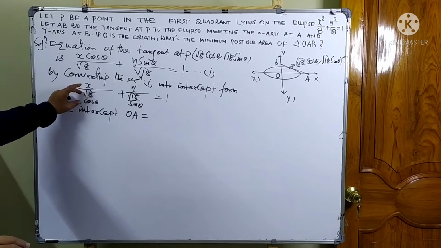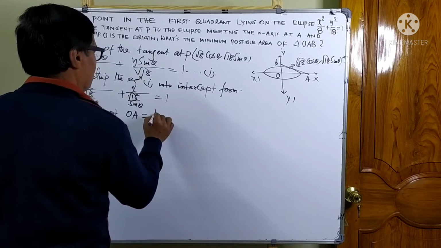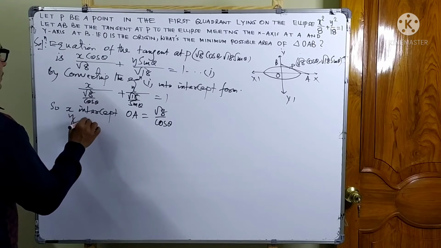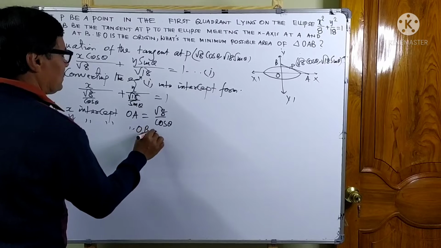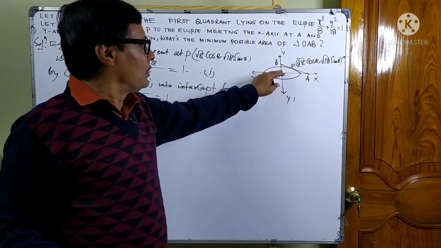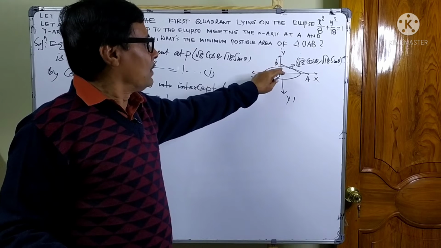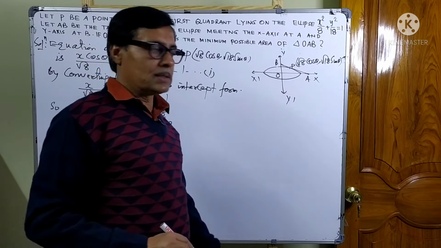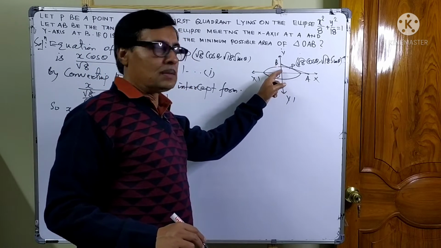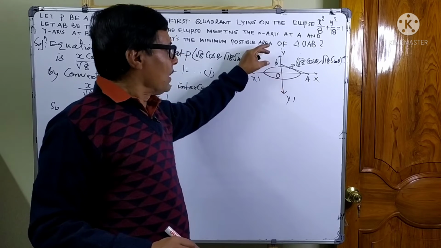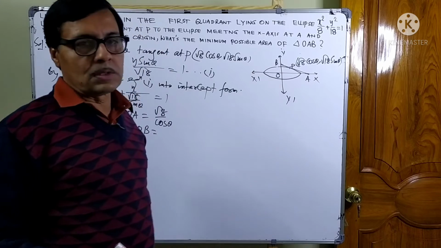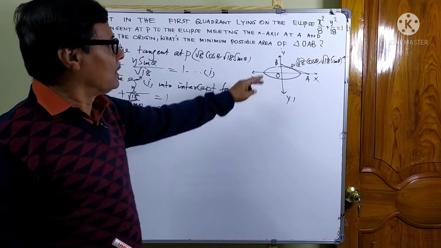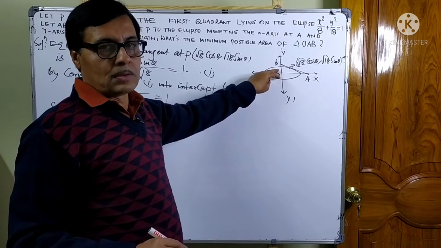This is the x intercept, and also the y intercept is OB. This is the length of OB. OB is the y intercept, and here B is the point of intersection of the tangent line and the y axis, and this is the origin. So the distance between O and the point of intersection of the tangent and the y axis is called the y intercept.